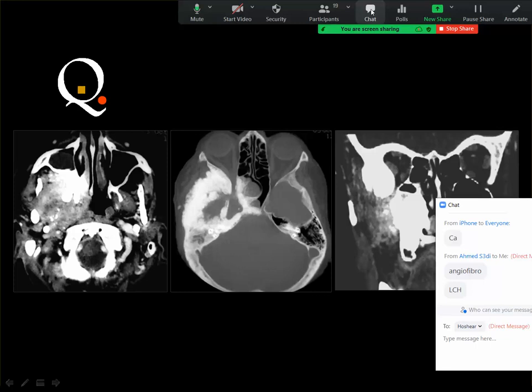Langerhans cell histiocytosis would erode the bones rather than produce a sclerotic reaction.